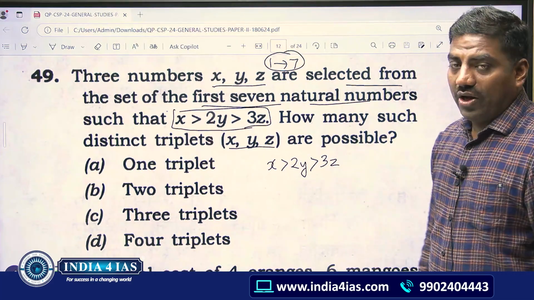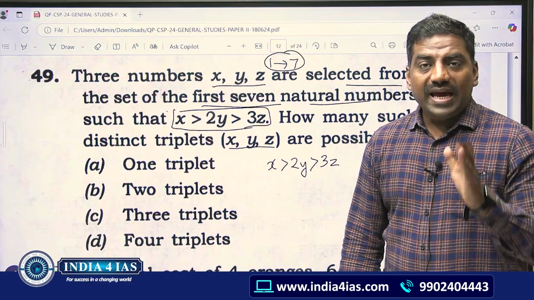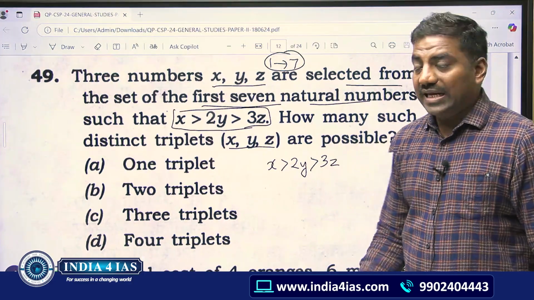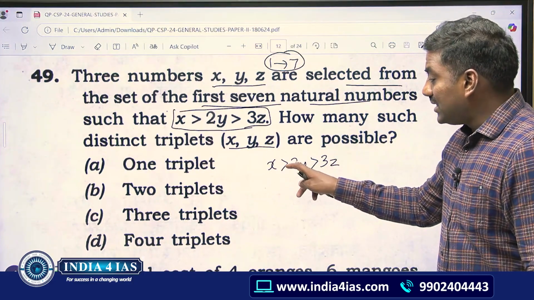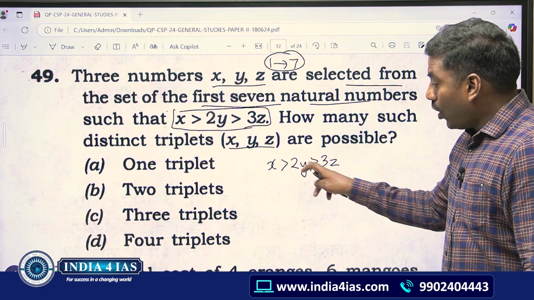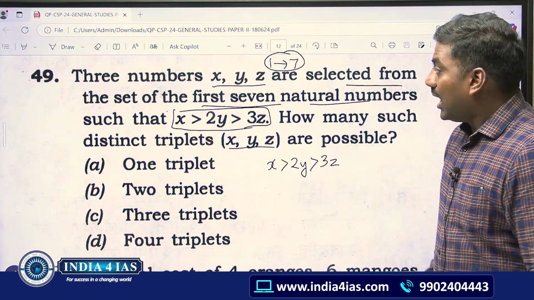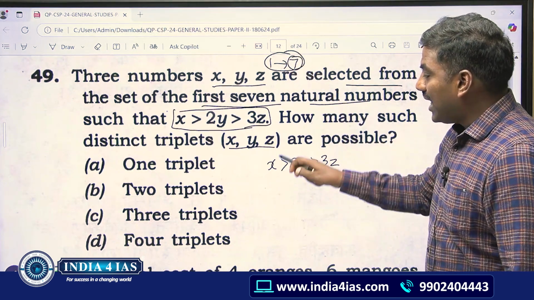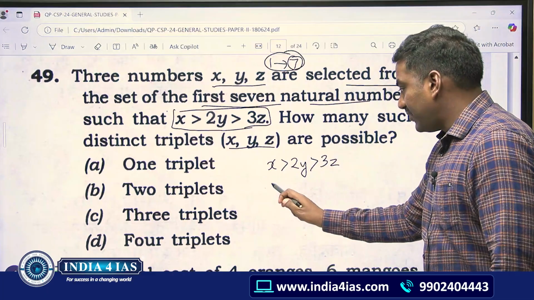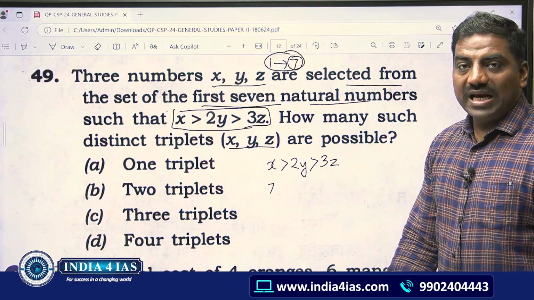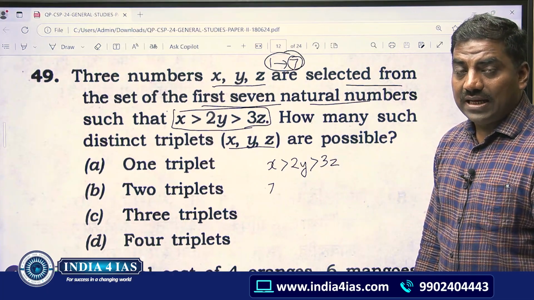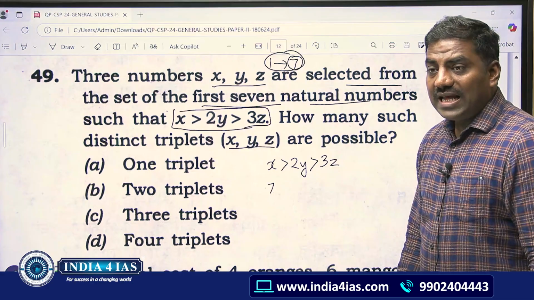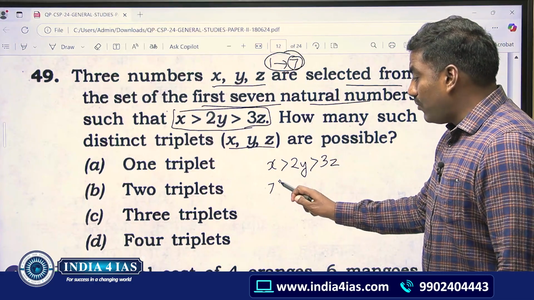Among all these three, x is the highest number, because x is greater than this term and also it is greater than this term. And the maximum value that x can take is 7. In that case, what will be the maximum value of this?